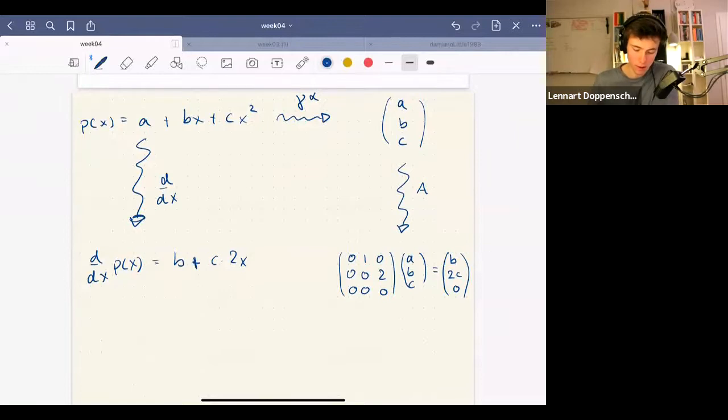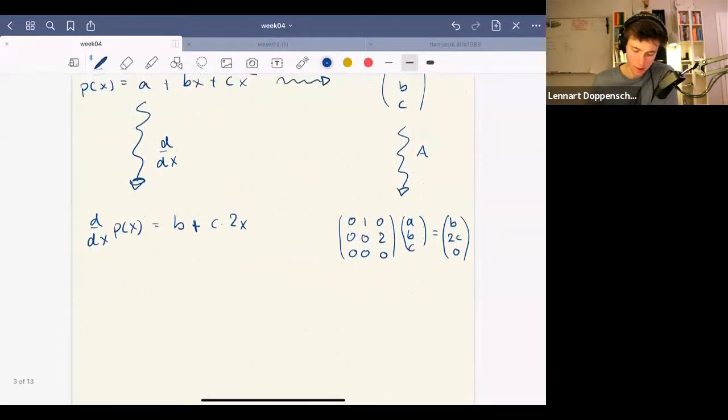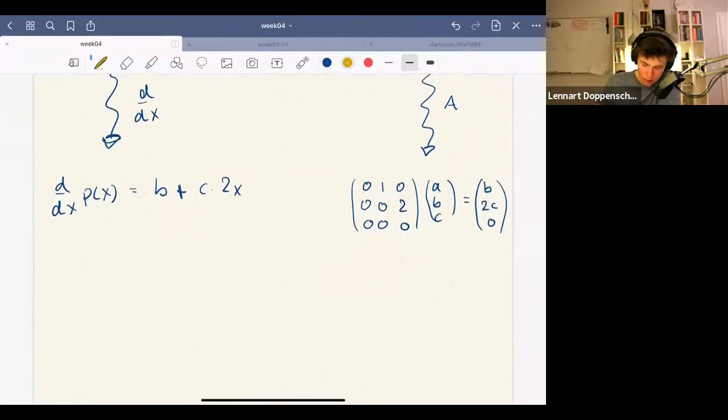And now let us observe that if we want to write this in terms of the basis, b plus 2cx is b times 1, 2c times x, so this is 2c times x plus 0 x squared.